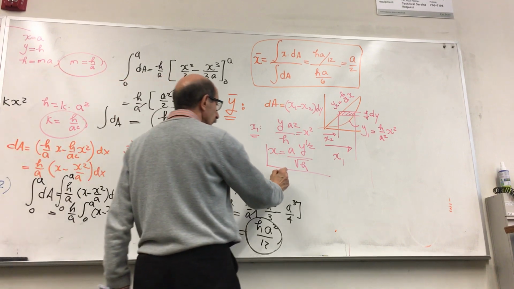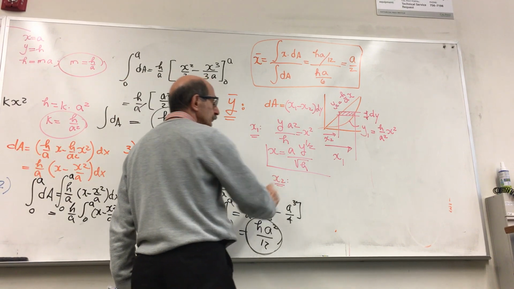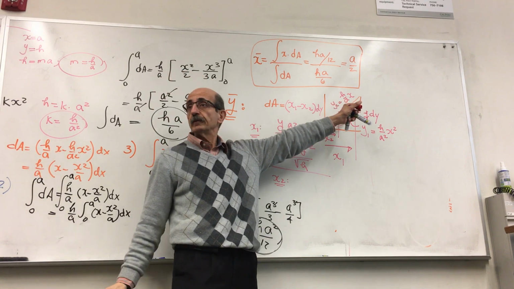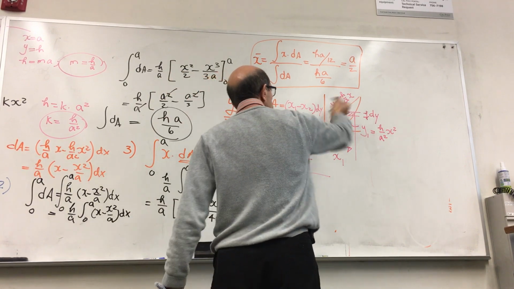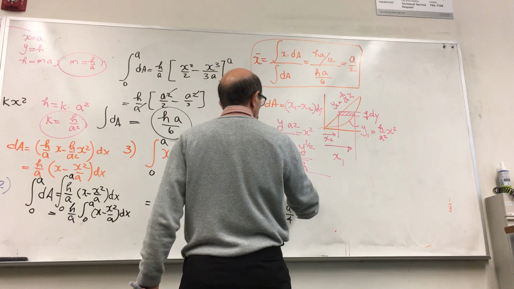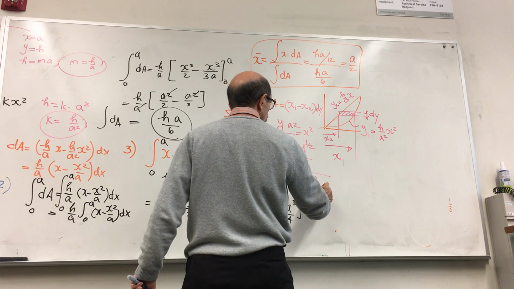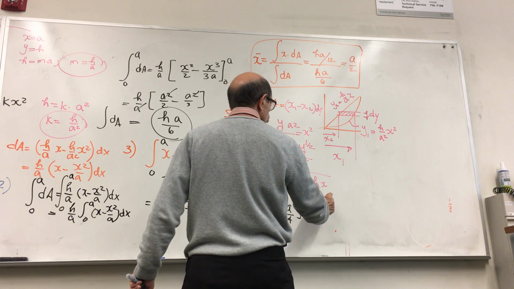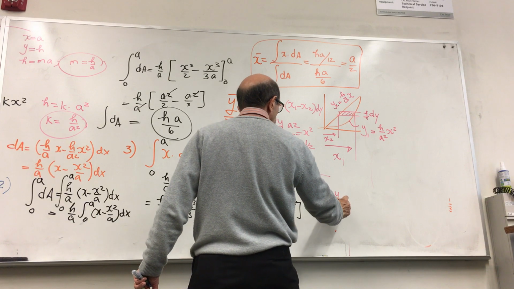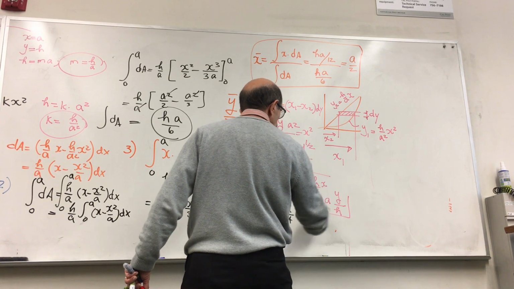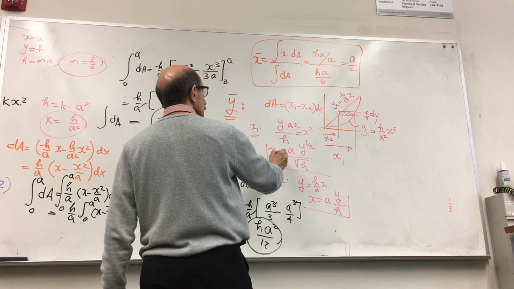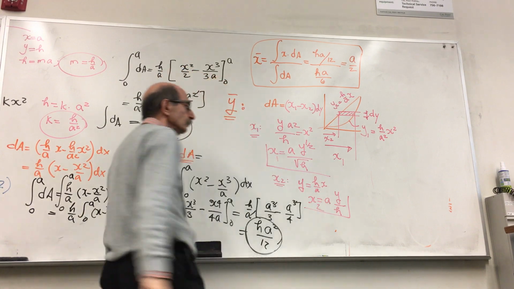For x2, you just simply need to evaluate it from here. So if you write that function, y is h over ax, or x is a y divided by h. So this is x1, this is x2.